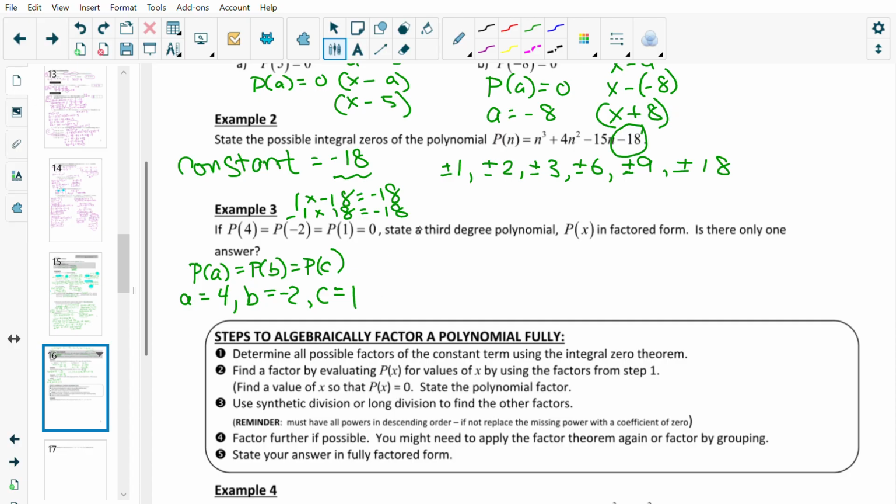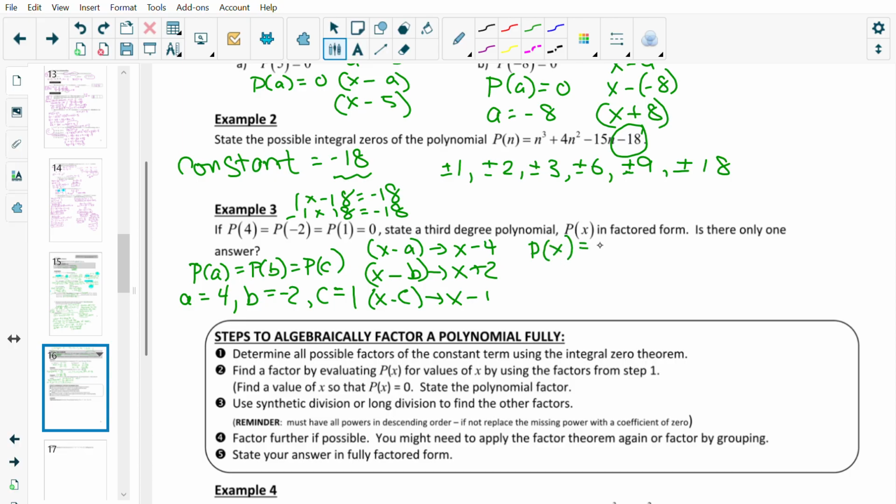Okay, so what are our factors? x minus a, x minus 4, x minus b, x plus 2, x minus c, x minus 1.